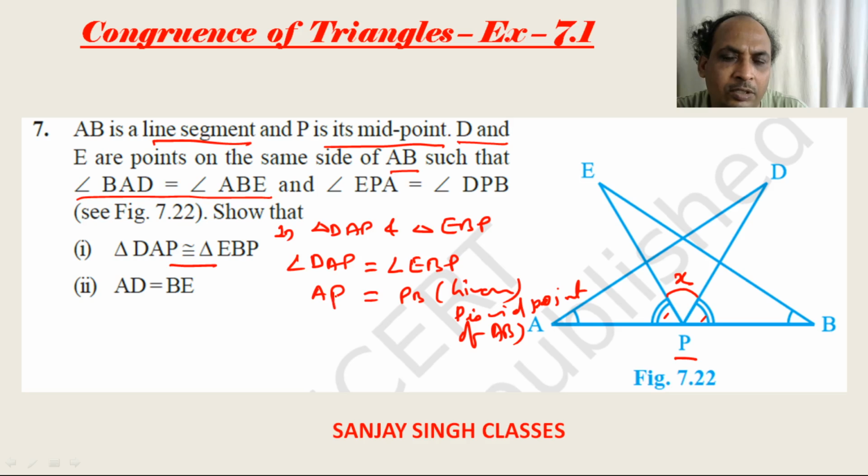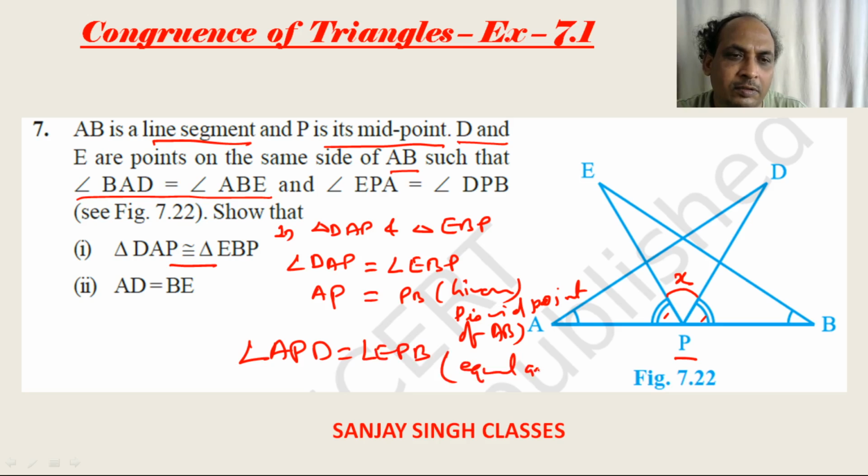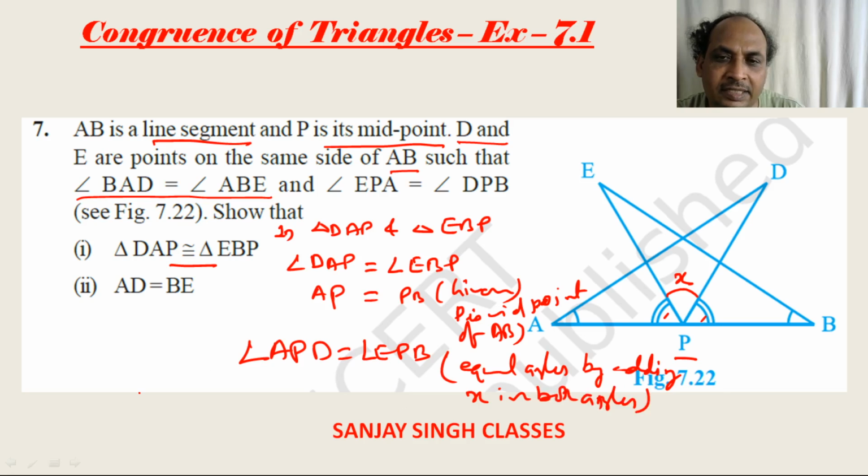So AP is equal to PB and angle APD is equal to angle EPB. Okay, so equal angles by adding X in both angles. Now SAS.